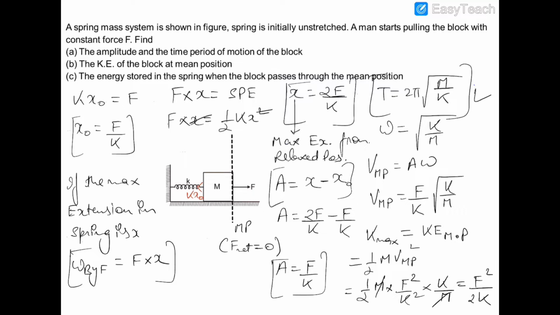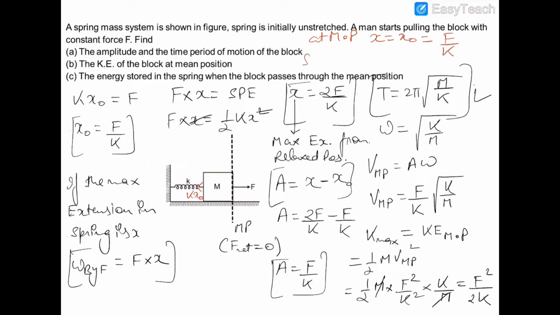Now we have already calculated the amplitude, time period and the maximum kinetic energy. Now we have to find out the energy stored in the spring when the block passes through the mean position. We know that at the mean position x is equal to x naught, and x naught is equal to F upon k.